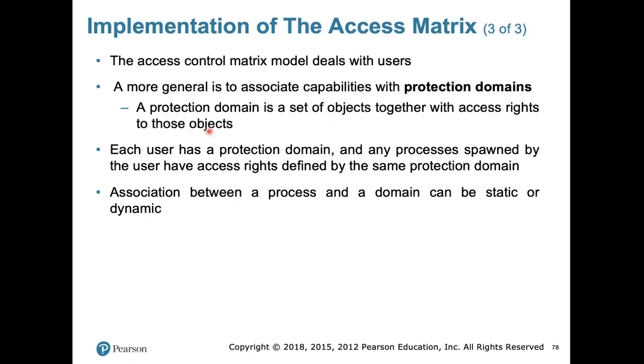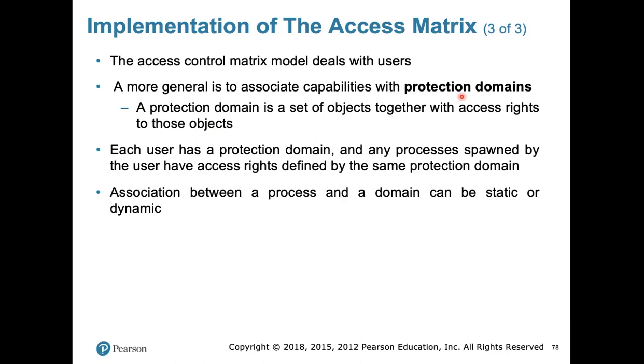So we say file 1 and file 2 go to a specific protection domain, and file 1 and file 2 are only readable. This is one protection domain. And user A and user B will later be associated to this protection domain.